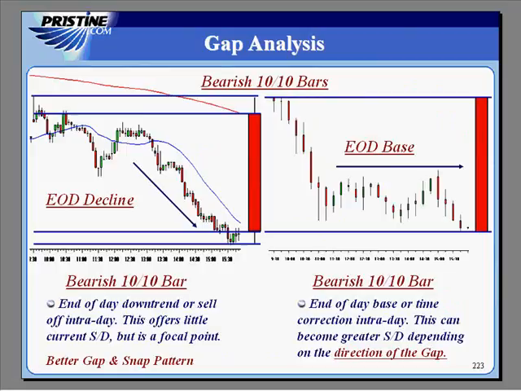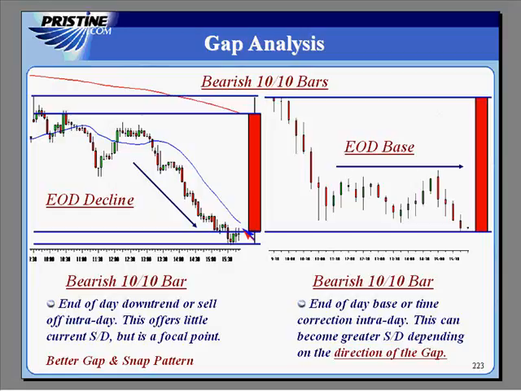So here's the idea when we look at the changing of the guards. When we look at the daily chart, the idea is to look inside of that bar, because the bars on the daily chart can look virtually the same and give the impression that they're going to react in the same way, and that isn't the case.